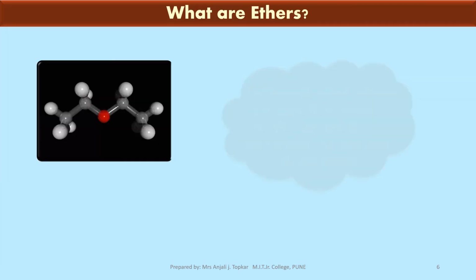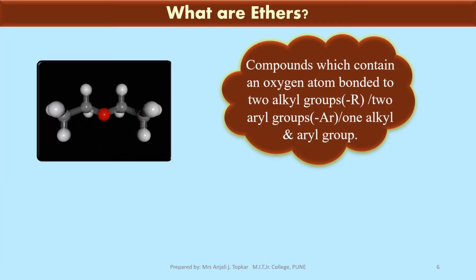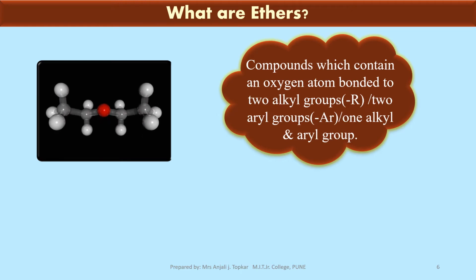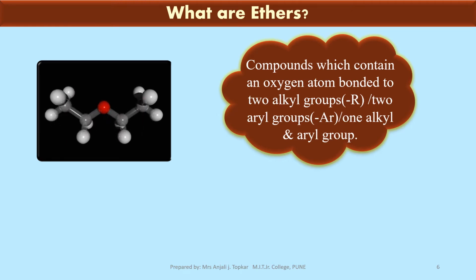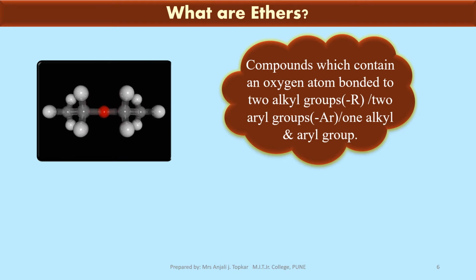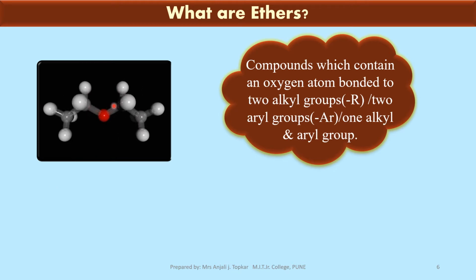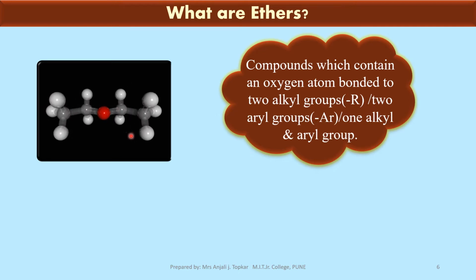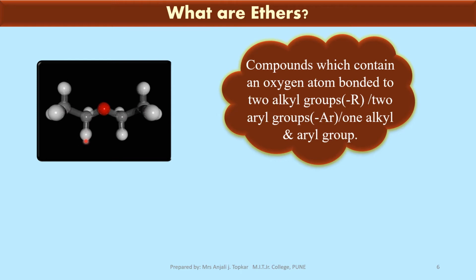Let's talk about ethers. In this figure, we find there is a red colored atom, which is the oxygen atom, whereas the grey colored atoms are carbon atoms and white are the hydrogen atoms.